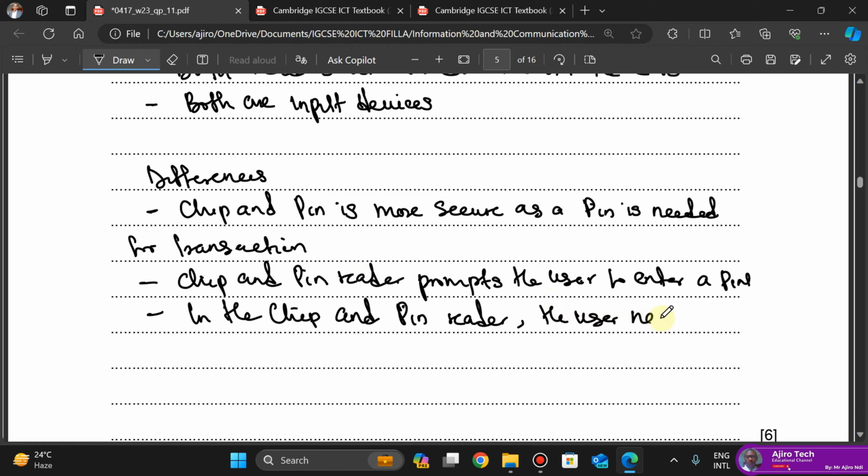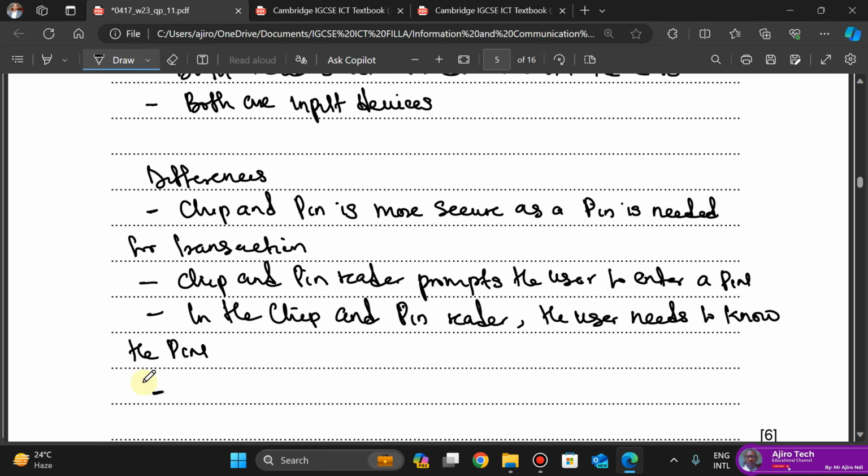Because if you don't know the pin, now in my school where I work, the students buy food and they have their cards. So if they slot their card into the reader and they don't know their pin, they can't buy anything. So why it is secure is that a pin is there for the transaction and it prompts the user to enter a pin; the user will need to know the pin for the transaction to take place.